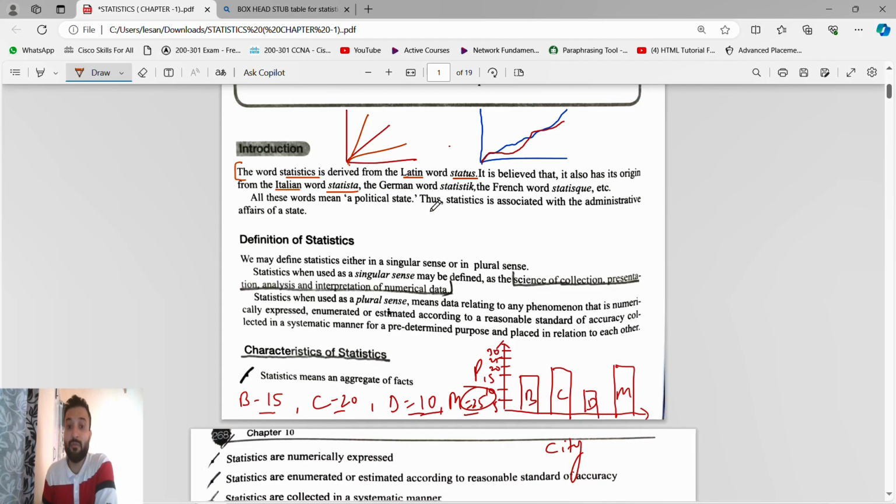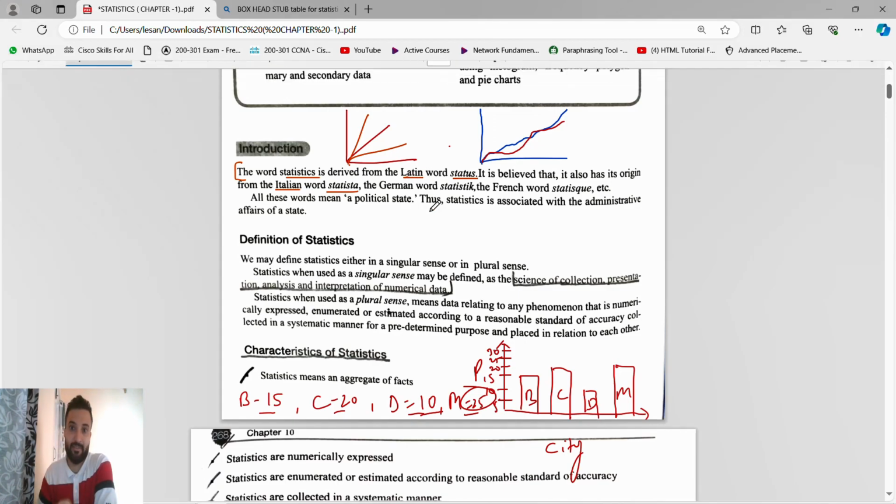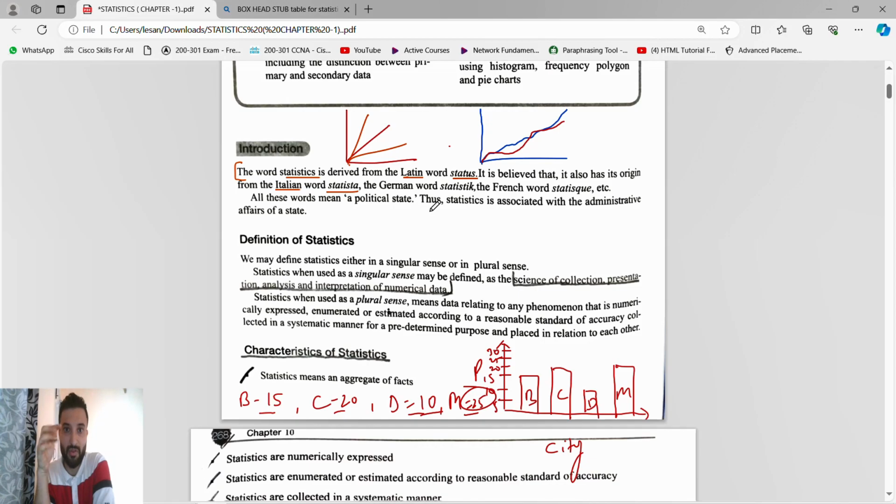So statistics is derived from the Latin word status, and in Italian the word is statista.